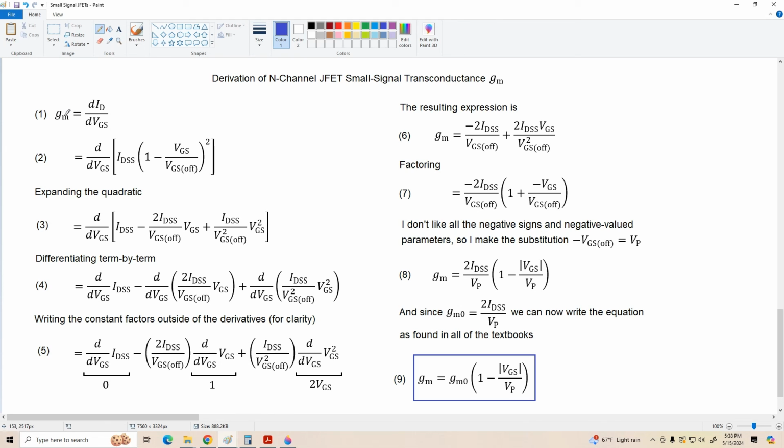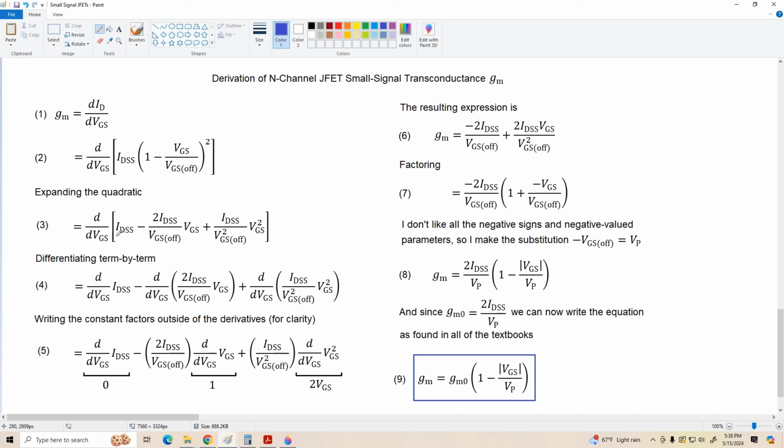So let's start. Transconductance is the derivative of ID with respect to VGS, and then we substitute in our equation for drain current, and we're going to expand this factor in parentheses using the FOIL method, which gives us the derivative of these three terms: IDSS, minus 2IDSS over VGS off times VGS to the first power, plus IDSS over VGS off squared times VGS squared.